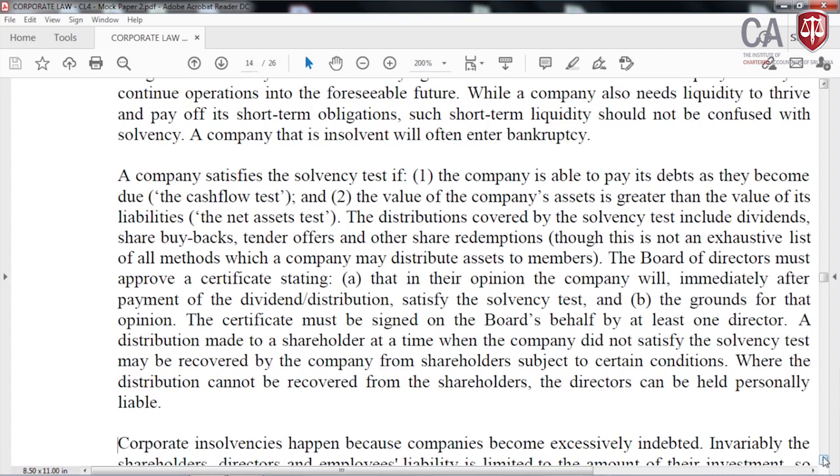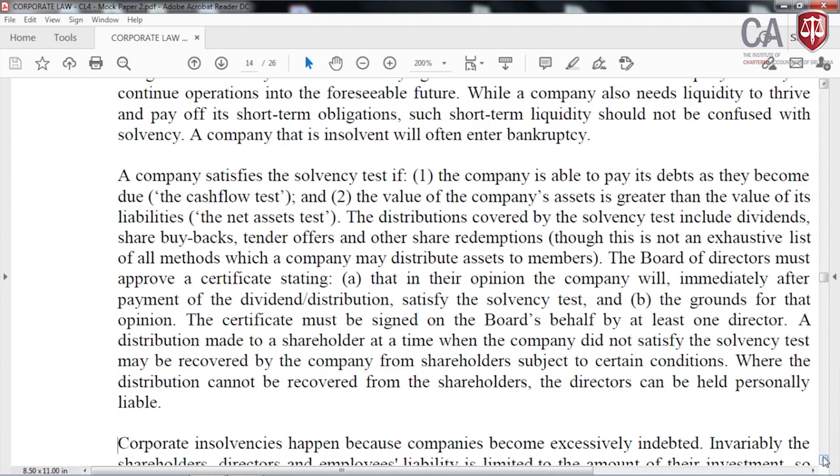If the directors see that the company can solvently exist and progress, then the directors must present that certificate to the shareholders and state the grounds for that opinion. The certificate must be signed on the board's behalf by at least one director. It is not required to be signed by all the directors of the company, but the signature of at least one director is sufficient.